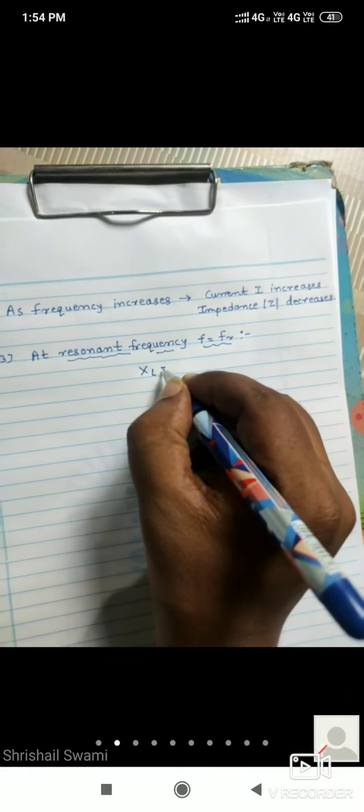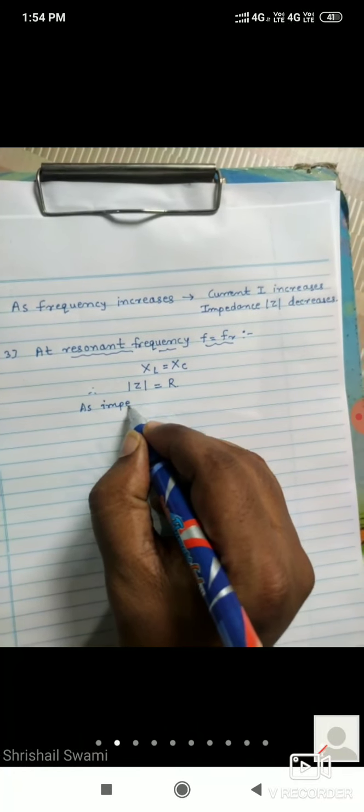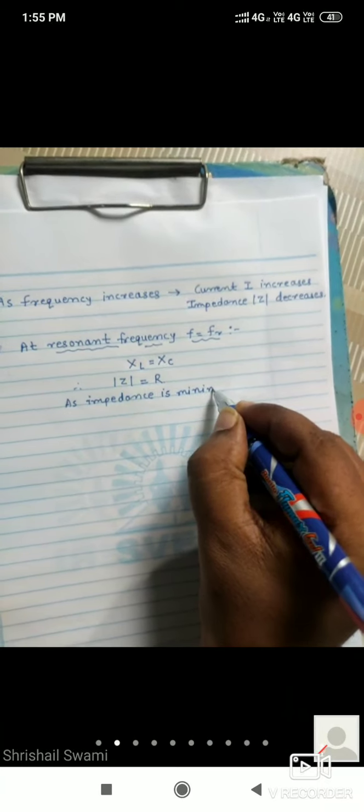XL is equal to XC, therefore the value of impedance Z becomes only R. Okay, and as impedance is low, as impedance is minimum म्हणूया, minimum, the current I is maximum.